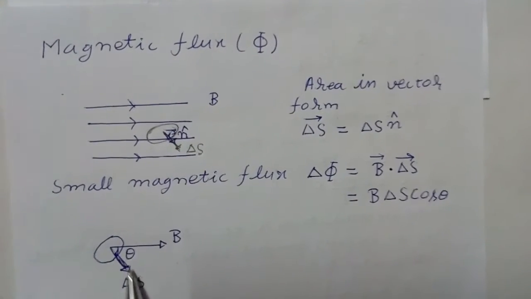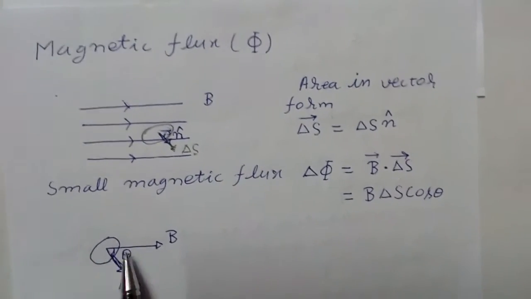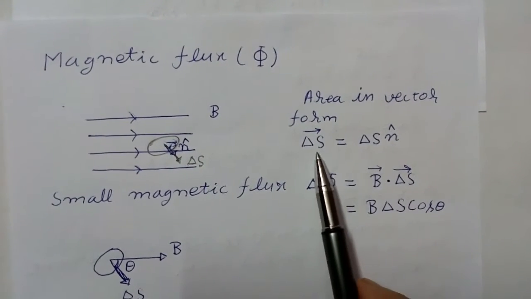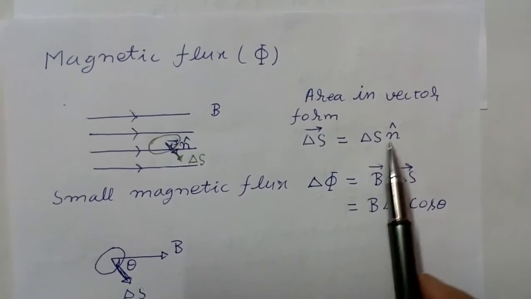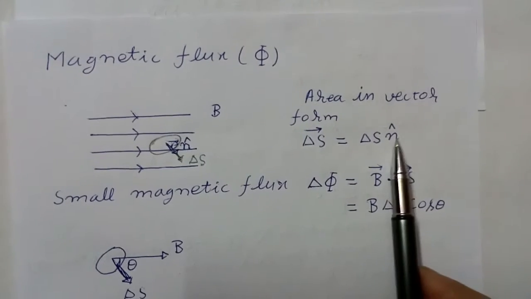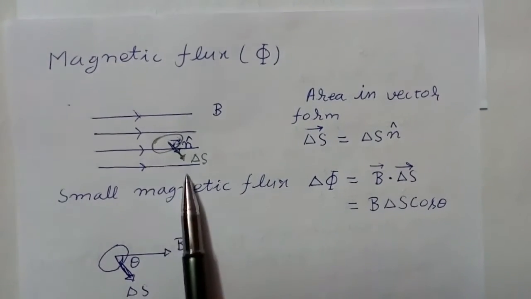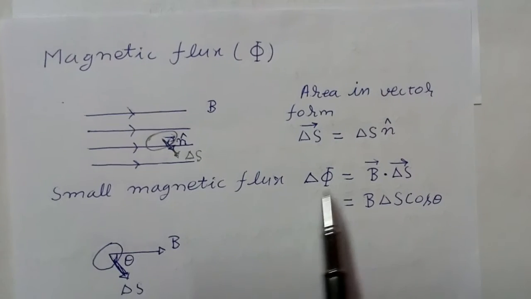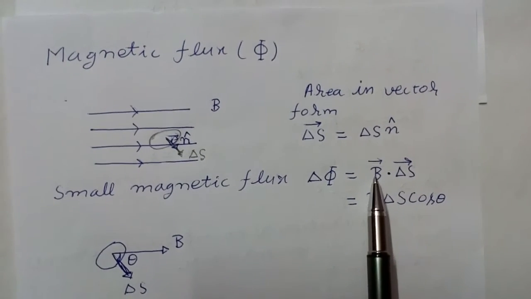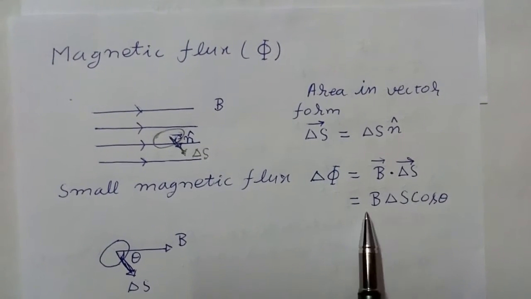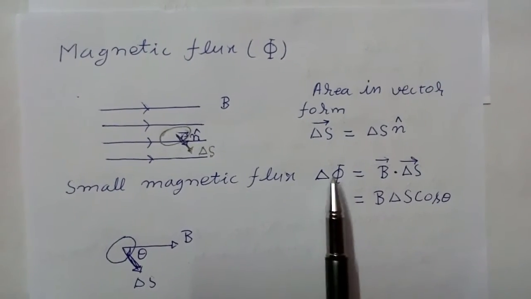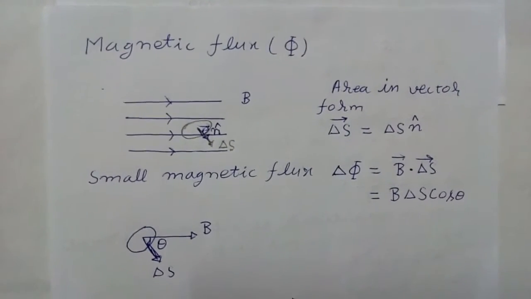Now this delta S and B make angle theta with each other. So area in vector form can be written as delta S is equal to delta S into n cap, where n cap is unit vector perpendicular to area. So a small magnetic flux delta phi is equal to B dot delta S, which is equal to B delta S cos theta. Now this delta phi is scalar quantity.